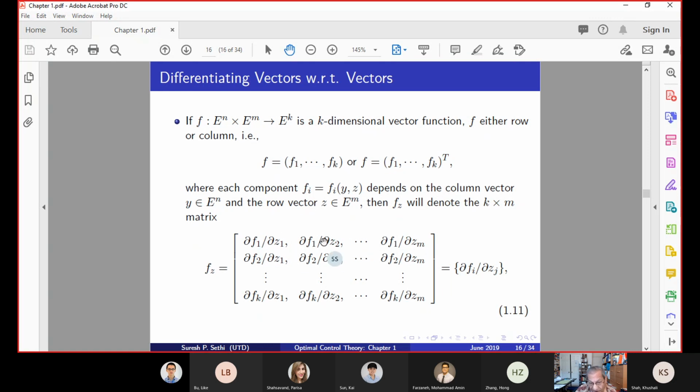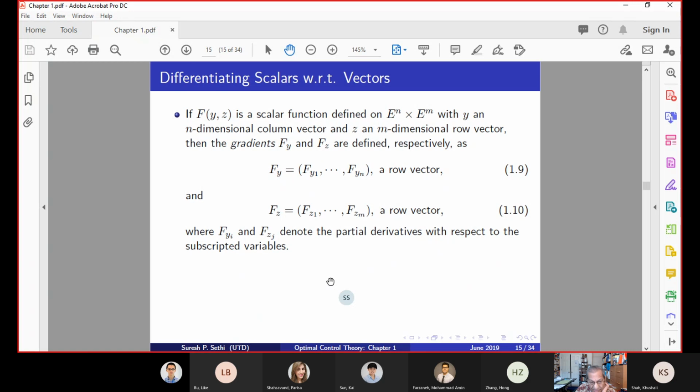That is the gradient of f1. That is the gradient of f2. And that is the gradient of fk. Once you put that together, you get fz as a matrix. So delta fi over delta zj is the ith, jth element of that.